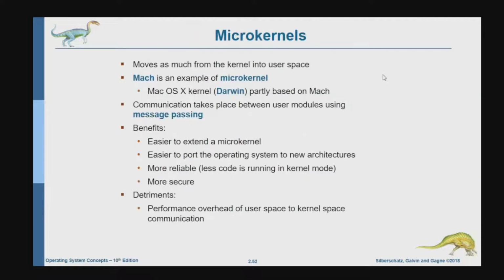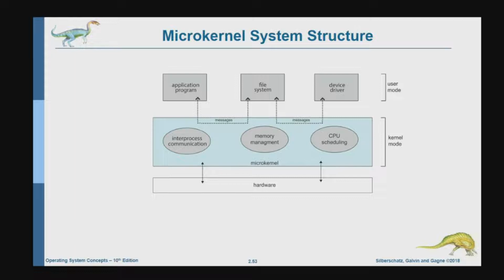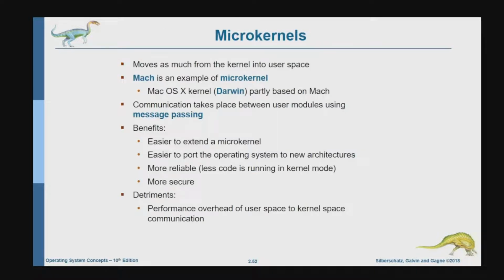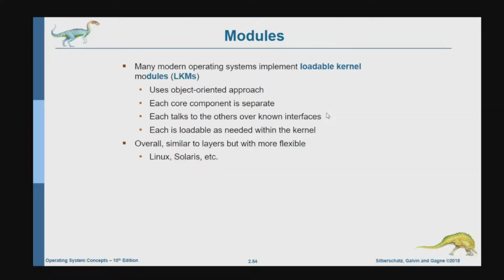In this one we also have the user mode, and then the kernel mode, and the hardware. For the modules part, user modules use message passing. So we have the modules.